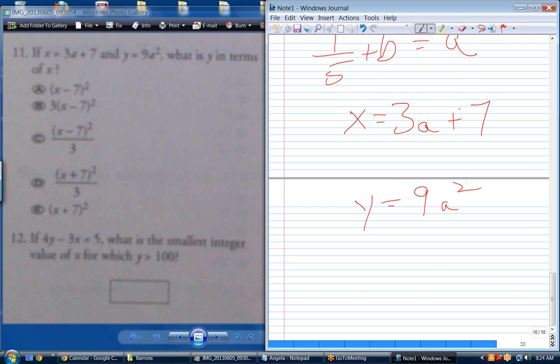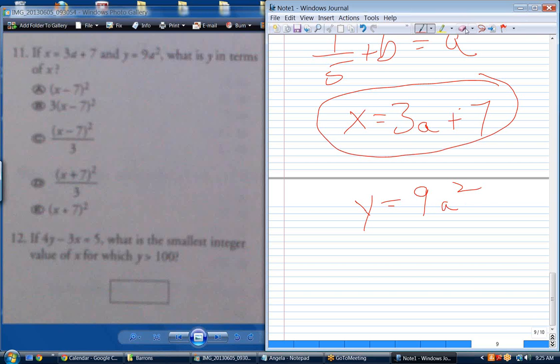I could square the 7 to 49. Let's examine the exact methodology that's going to be the most efficient here. We're looking for y as a function of x. I already have y as a function of a. So if I can solve this equation for a, then I will have a as a function of x, and I can substitute that down here. And then I will have y as a function of x.